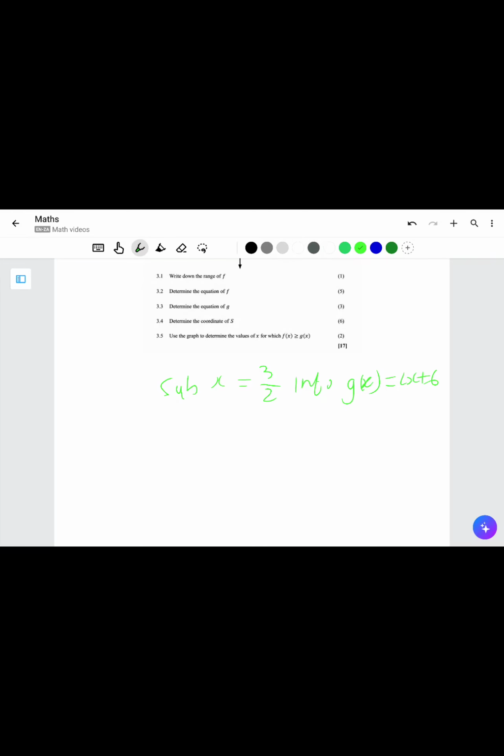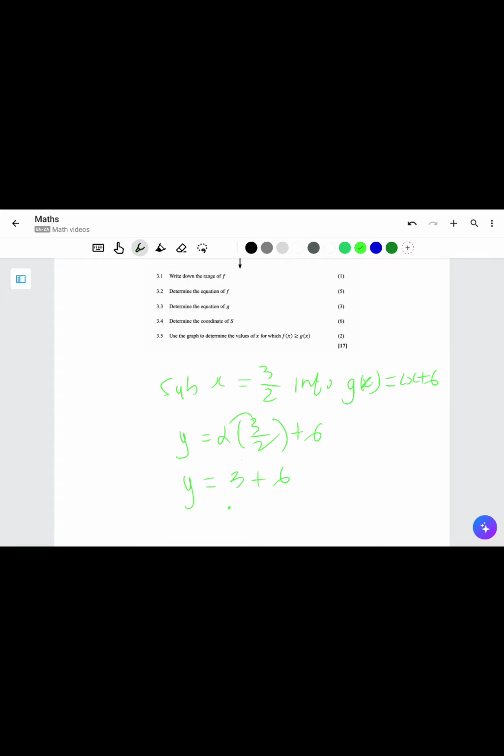So what are we going to do? Remember g of x is another way of saying y, so we can say y equals 2 times 3 over 2 plus 6. So we're going to multiply that out. 2 times 3 is going to give me 6, divided by 2, that's going to give you 3, and then plus 6.